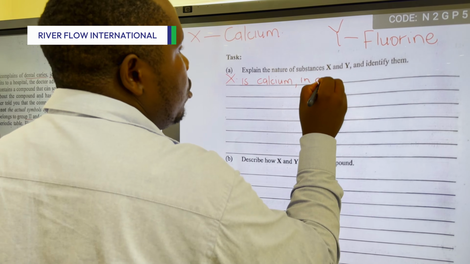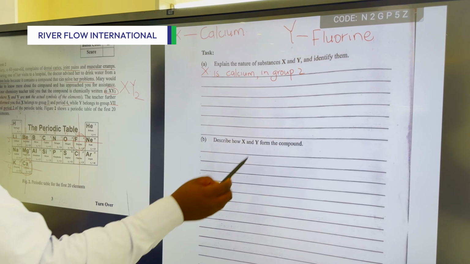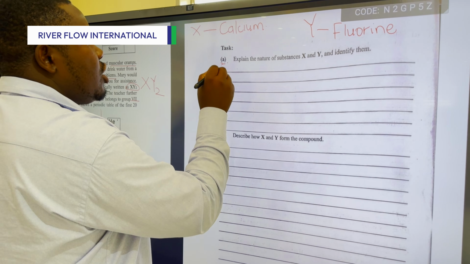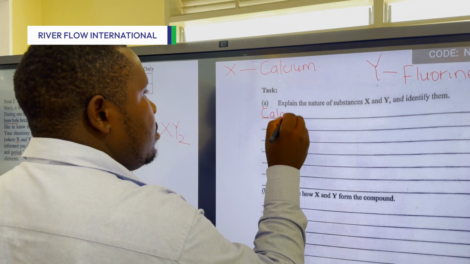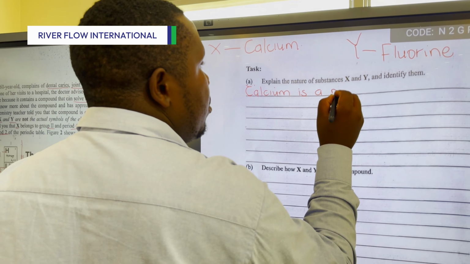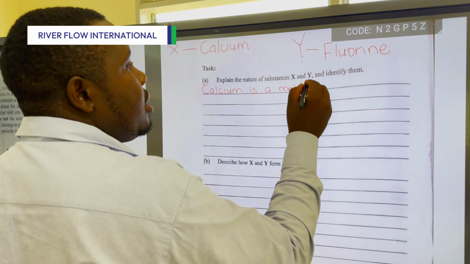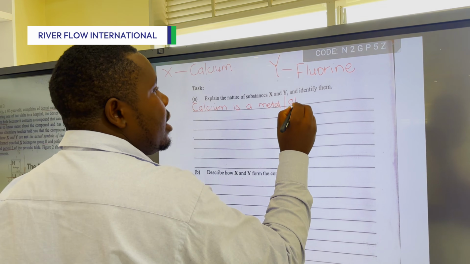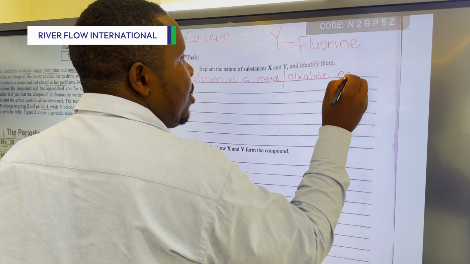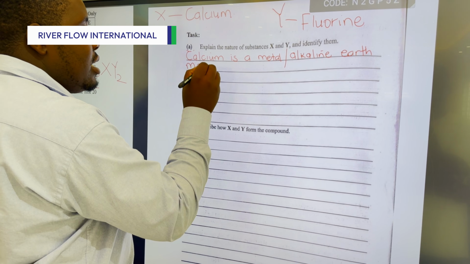In group 2, I can say that calcium is a metal. Now, if you have understood the periodic table very well, you can remember that calcium is an alkaline earth metal. We have now identified it.